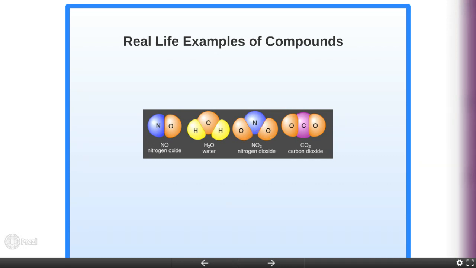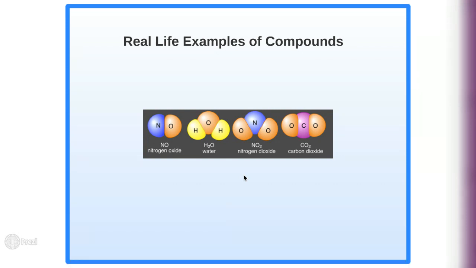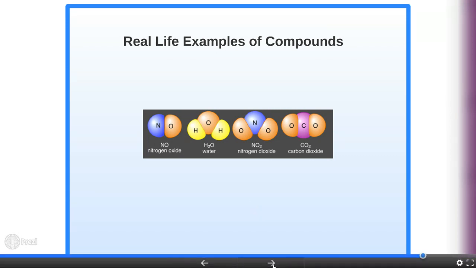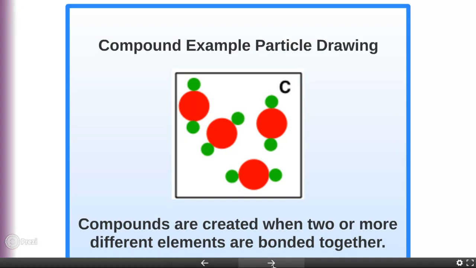So all of these, you can see there's more than one element bonded together. And it doesn't have to be just two, it can be more than two different types of elements. So that's a particle drawing in itself, but here's another one, again showing that there are two or more elements bonded together. And chemically, you would need chemical means to separate that, meaning we would have to break that bond.